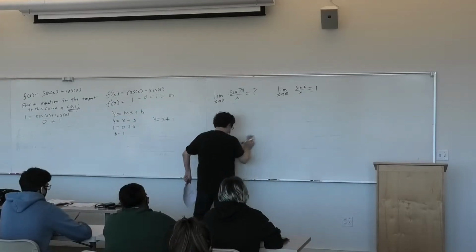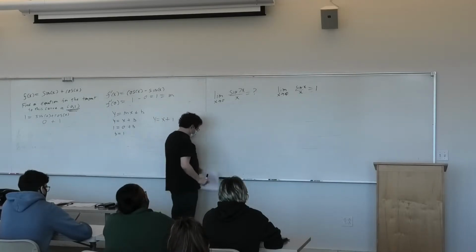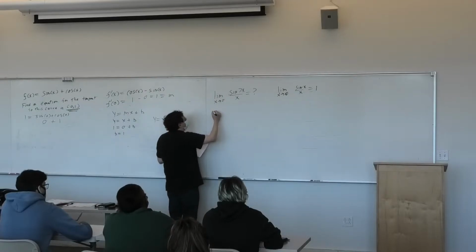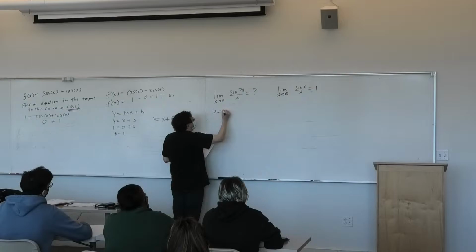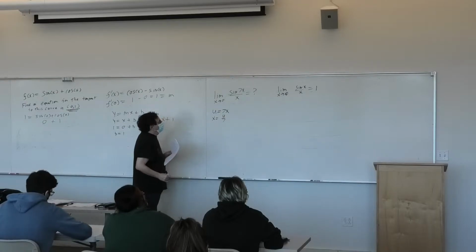So the whole trick here is you just say, well, wait a minute. What about substituting u equals 7x, or x equals u over 7? What does that do for us?